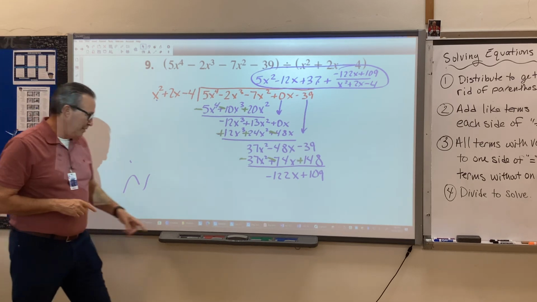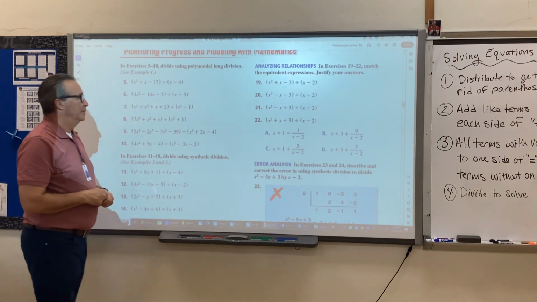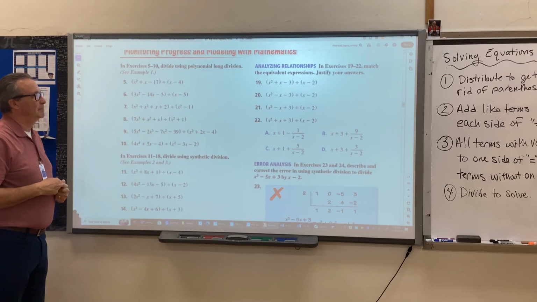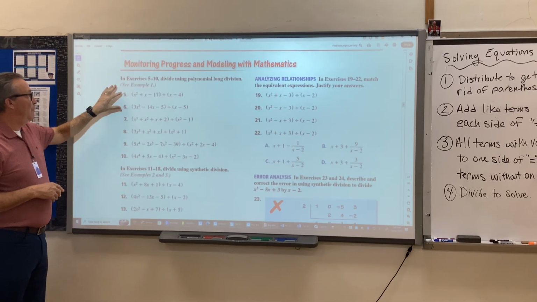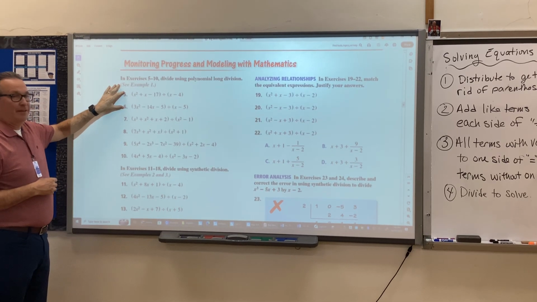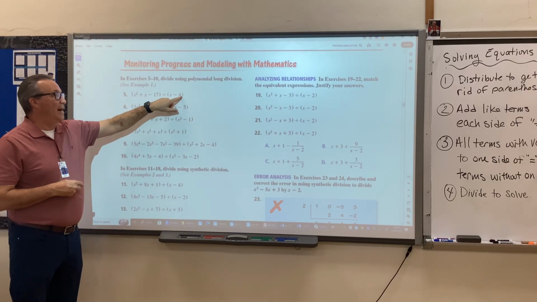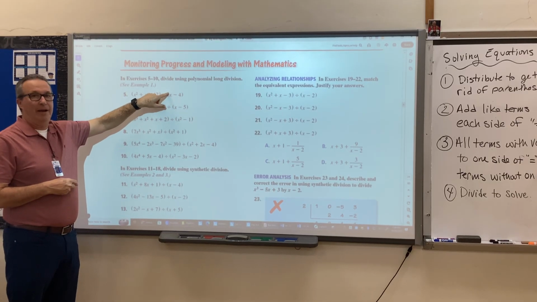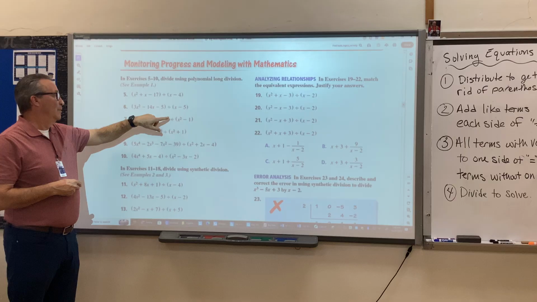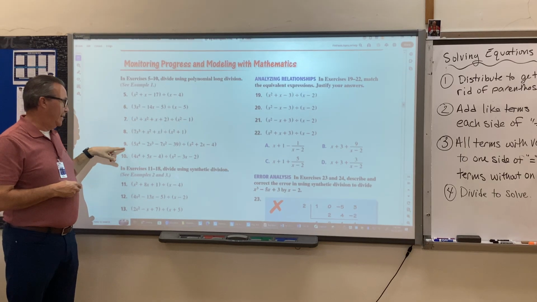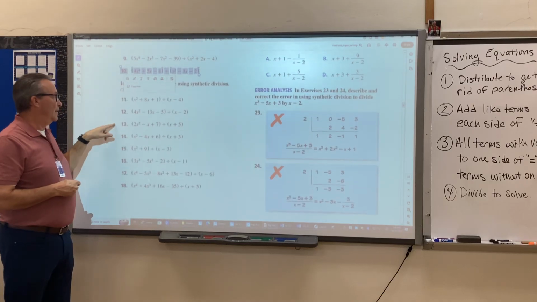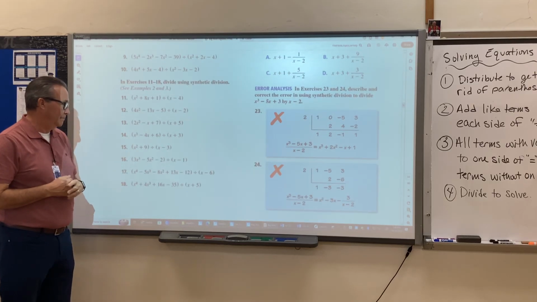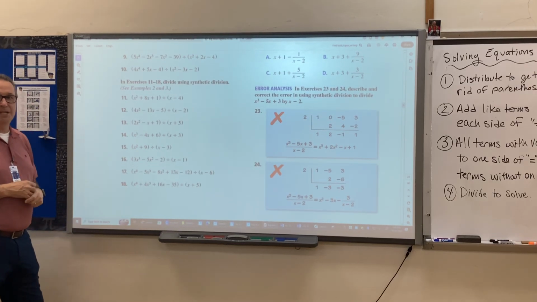And we also have to do some synthetic division. We can do 5 and 6 using synthetic division because it's just a binomial with no coefficient in front of x. Can't do 7 or 8 or 9 or 10 using synthetic division. And all of these you can. Anybody want to see one in particular?